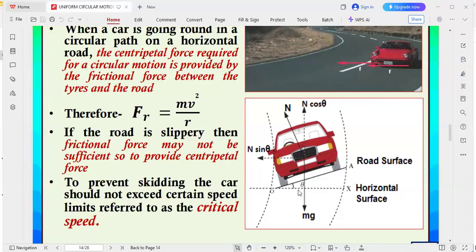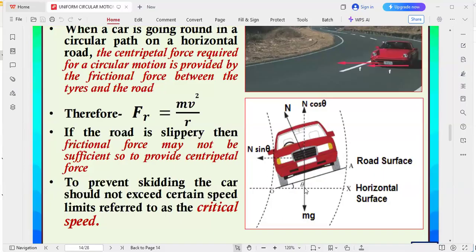So just from mathematics, SOHCAHTOA, we have this force directed to the center of the circle given by n sine theta. When you do sine theta, opposite over hypotenuse, you'll find that this horizontal force is given by n sine theta.